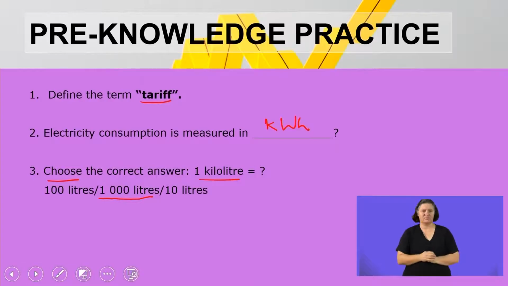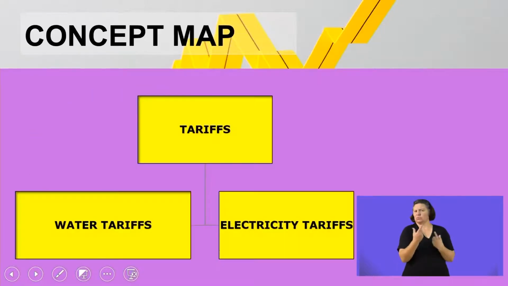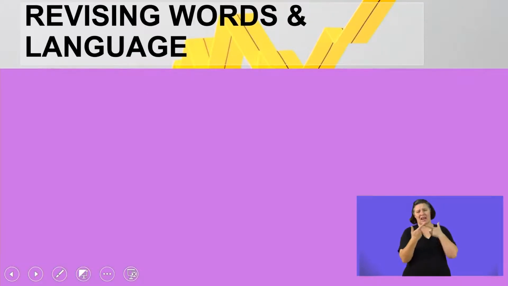Let's quickly see what else will be expected of us. This is just to give an idea, right? We'll be focusing on tariffs with specific focus on water tariffs and electricity tariffs. There are also other language and words that you should be familiar with at this moment in time. Let's quickly look at those.